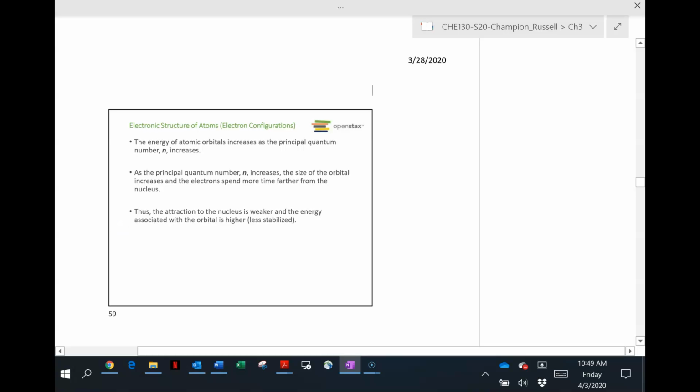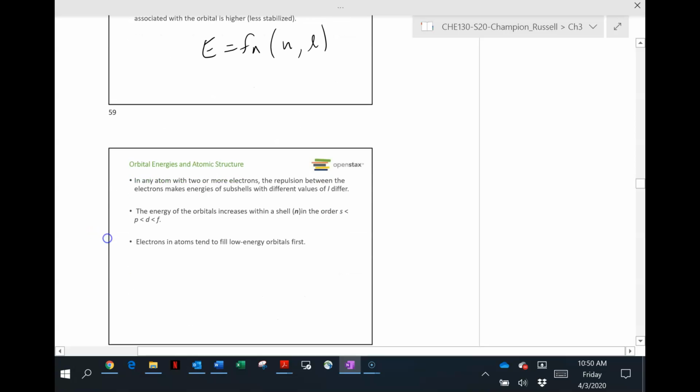So we said before that energy increases as the principal quantum number increases, and we also said that energy is a function of n and also to some extent L. The good news is that we're able to use the periodic table as a very effective way to understand the relationship between those and predict the energy of the outermost electrons.